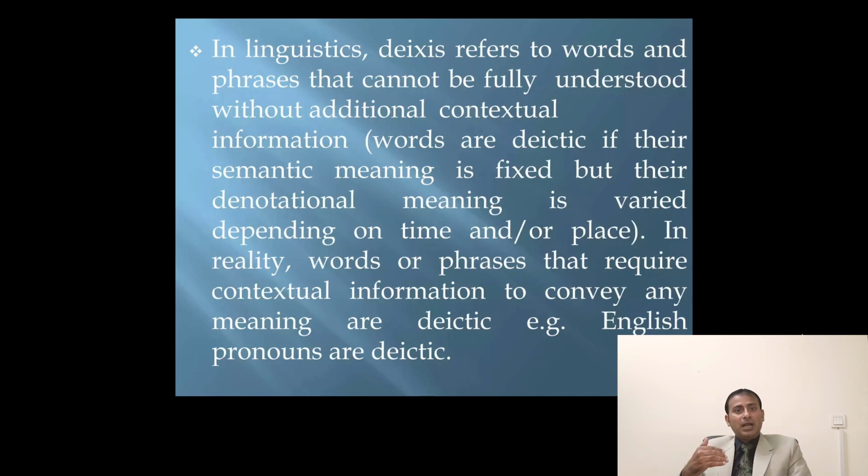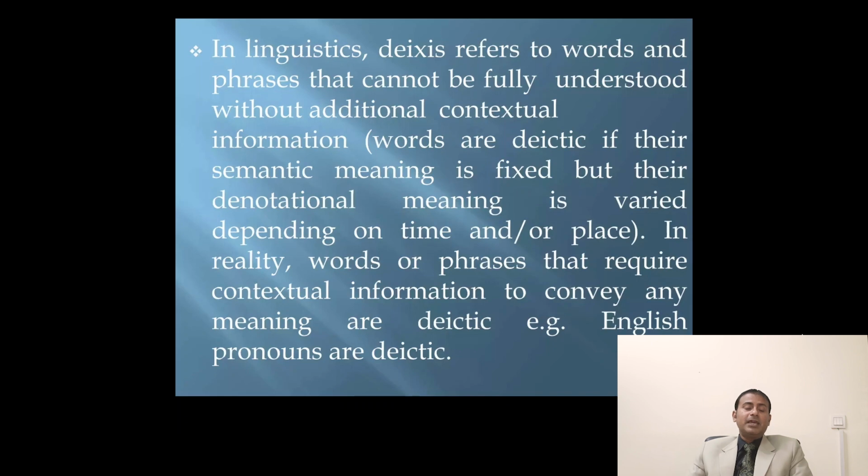So I will be using aap with my dean, with my HOD, and with all those people whom I want to give respect or they are elder to me. But tu I will be using with only those friends who are very close to me. But in English language, we have got only you. Previously we had thou, thee, thine, but now we have got only you.